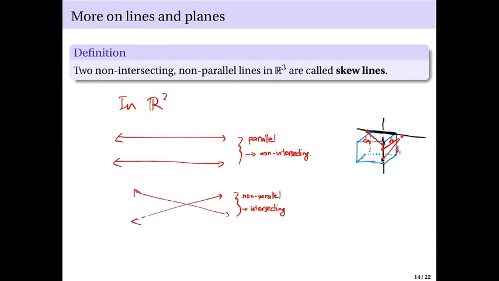And therefore, if this plane is parallel to the other line, then the distance between this line and this plane will be the distance between the two lines.